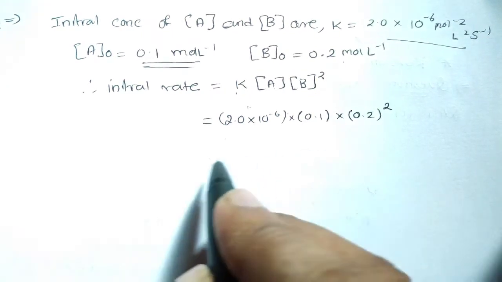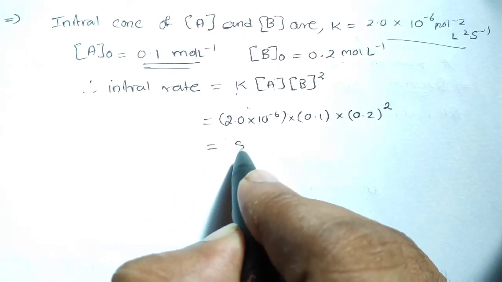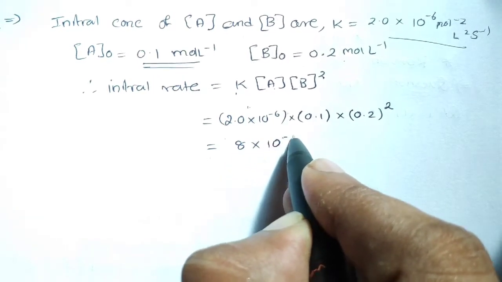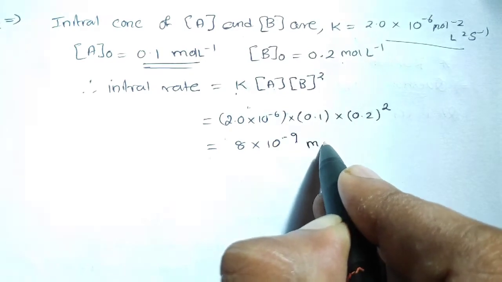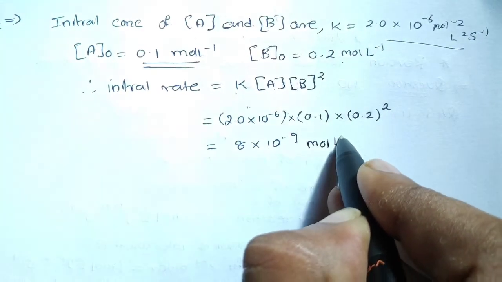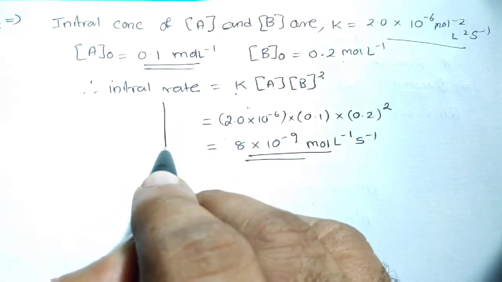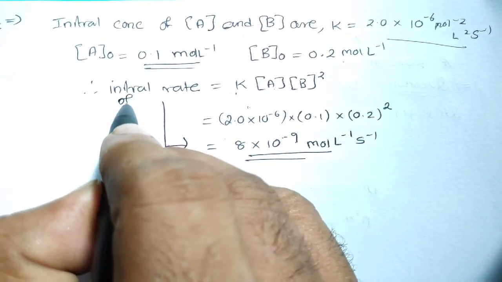If you simplify all this, you will get 8 × 10⁻⁹ mol L⁻¹ s⁻¹. This is the initial rate of reaction.